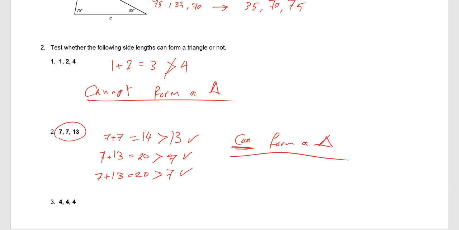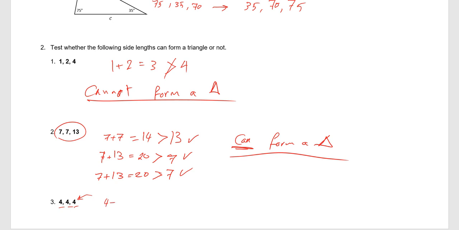And lastly, we have 4, 4, and 4. This is actually an equilateral triangle, right? Which can be a triangle. So you could just take the short route and say, this is a possible triangle. Or we could just follow the same process, right?